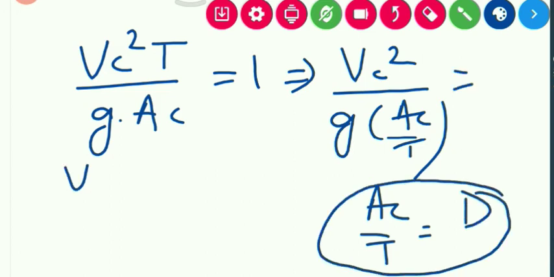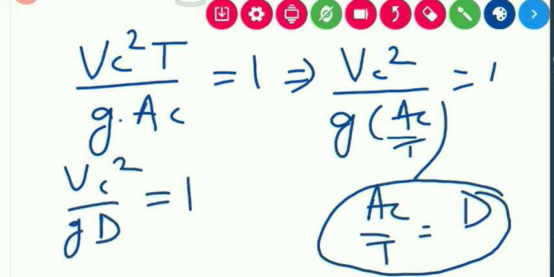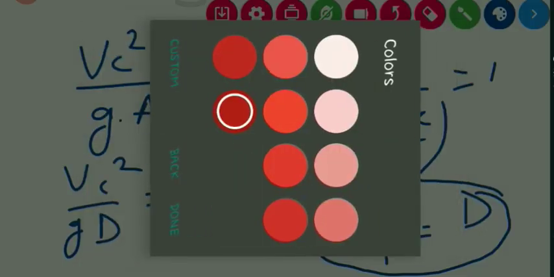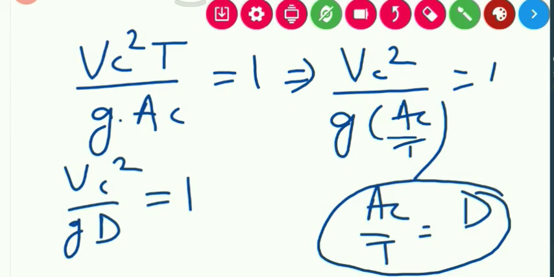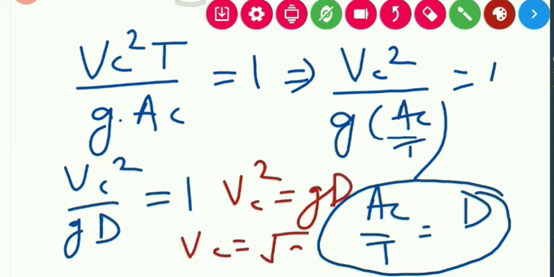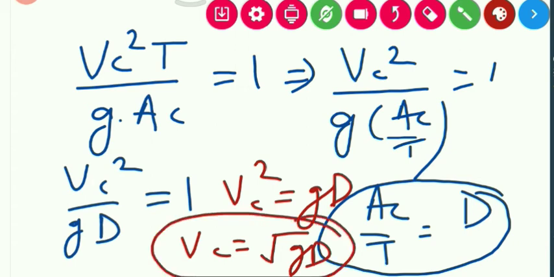So we can write Vc square by g into hydraulic depth equal to 1. So we will obtain Vc square equal to g into d, or Vc equal to under root gd.